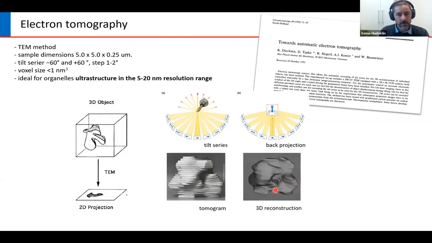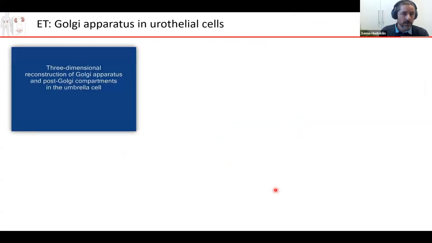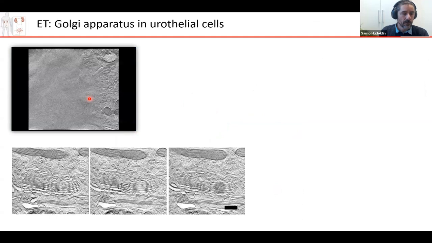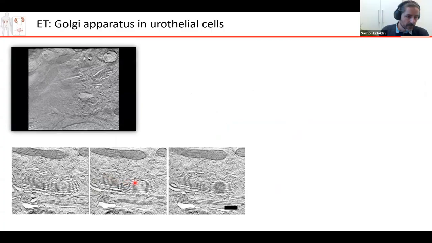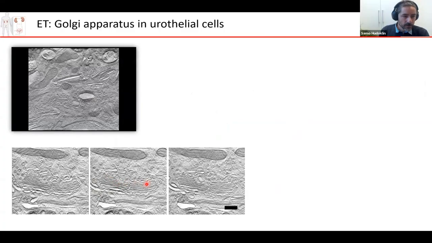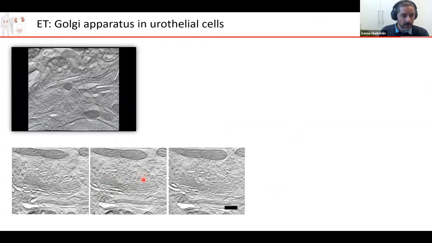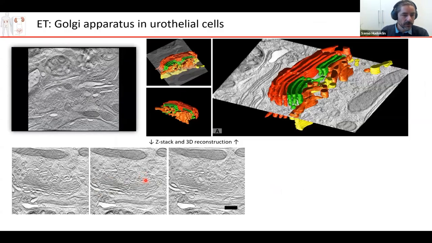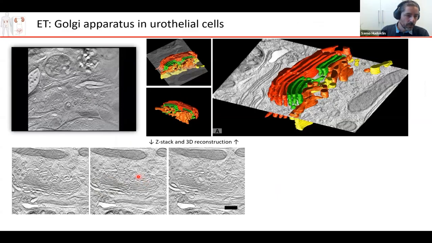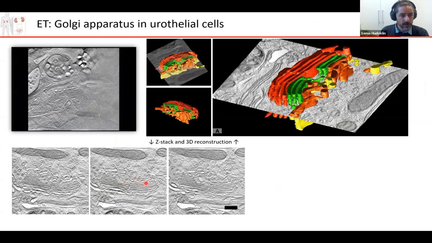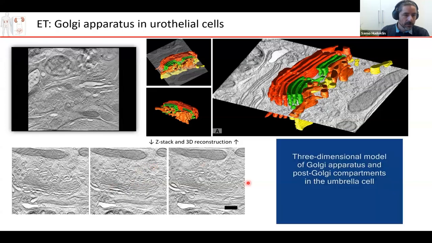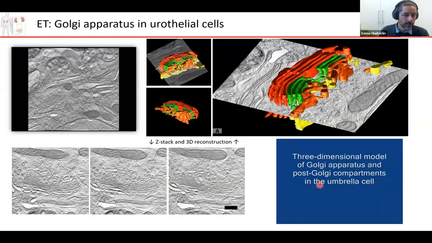We first employed this technique in order to see how the Golgi is organized. Is the trans-Golgi network actually connected to the fusiform vesicles? Is there any morphological data supporting the hypothesis that we have direct maturation of Golgi cisternae into fusiform vesicles?